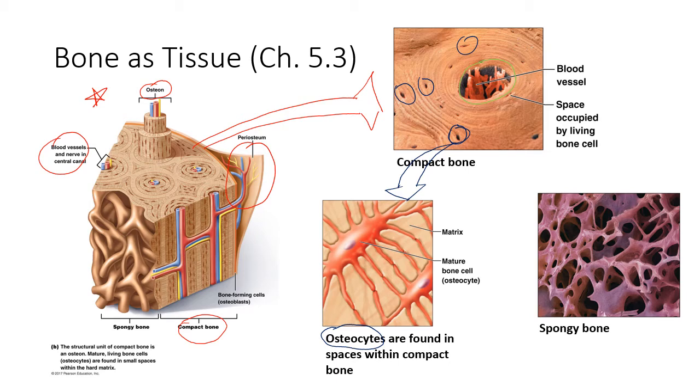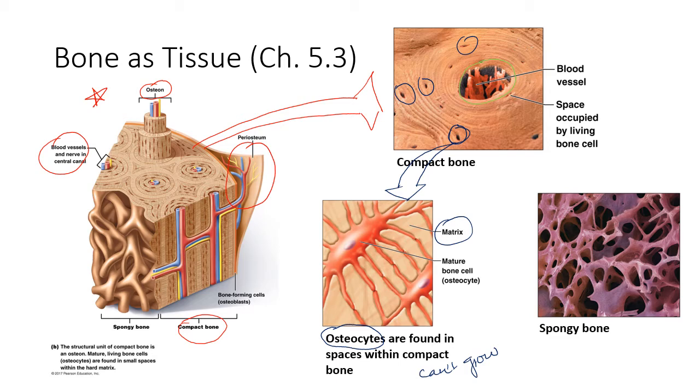I do want to point out that osteocytes can't grow. Once these cells are encased in this hard matrix, they're stuck there, and they eventually will die. That's one of the reasons why our bones stop growing in adulthood: once these cells are stuck, they can't really do anything.